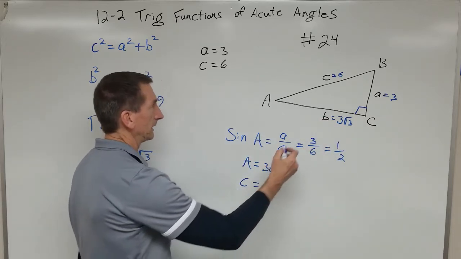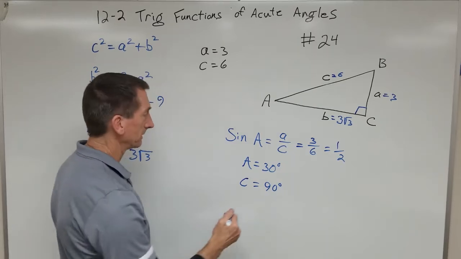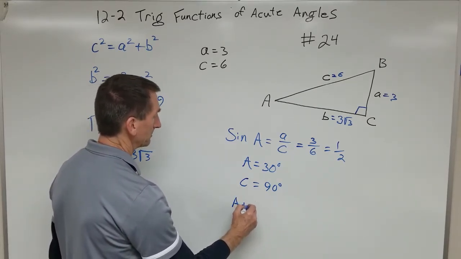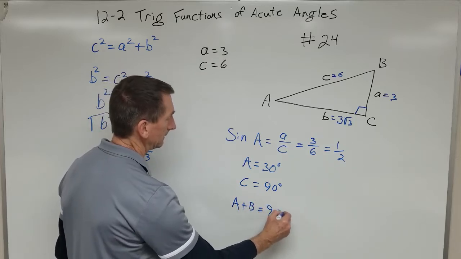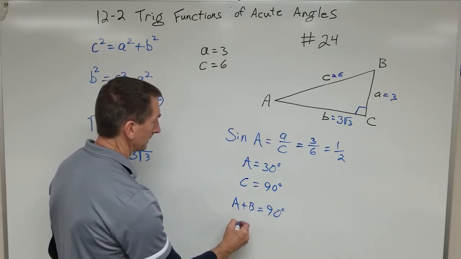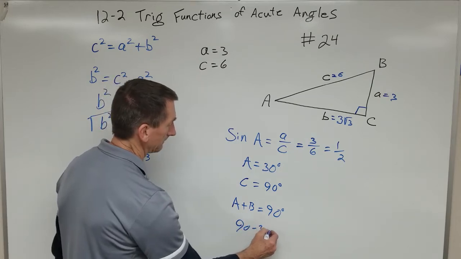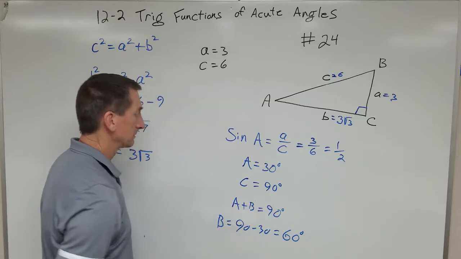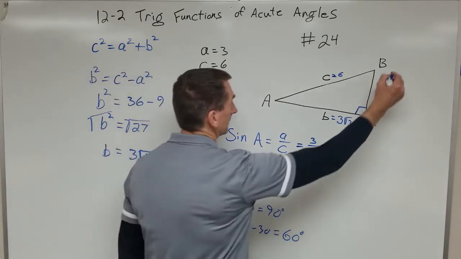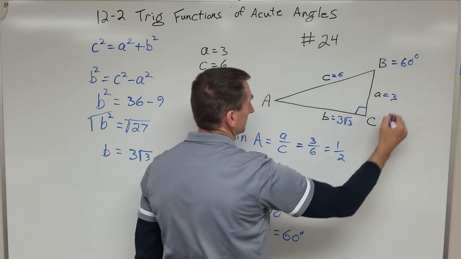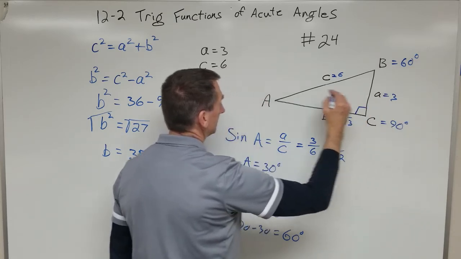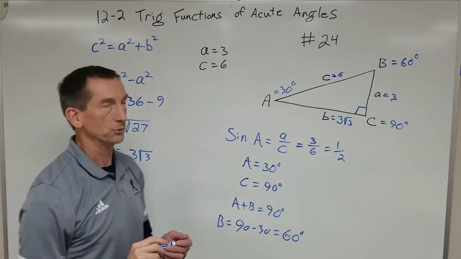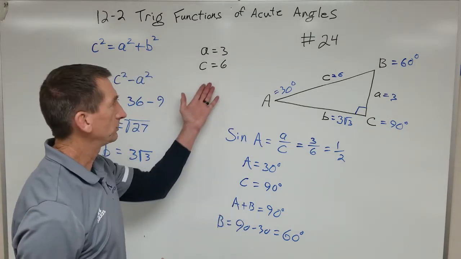And I also know that A and B are complementary. So A plus B has to equal 90. And so 90 minus 30 is going to give me a 60-degree angle, which is B. So B is 60 degrees, C we know to be 90, and A is equal to 30. So we have solved this triangle, just given 2 side lengths.